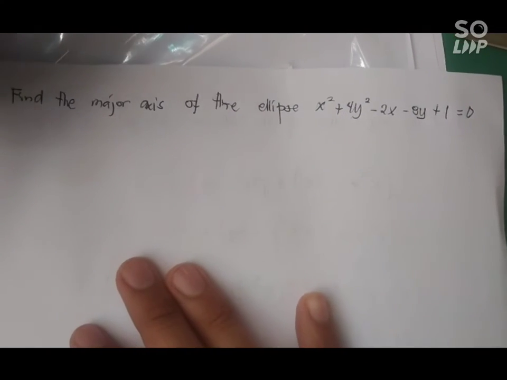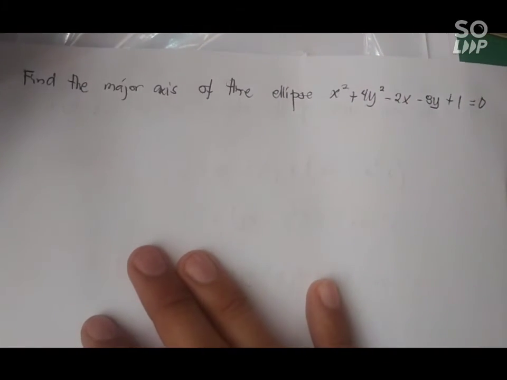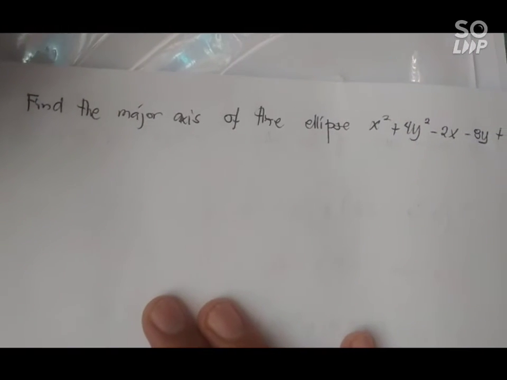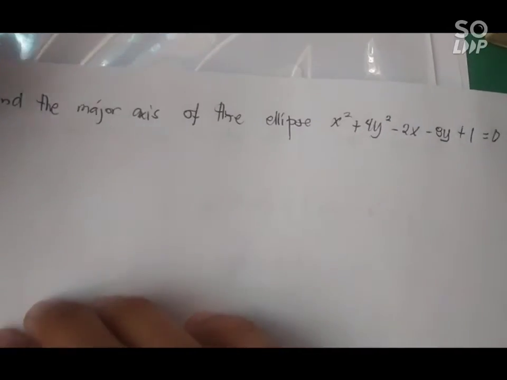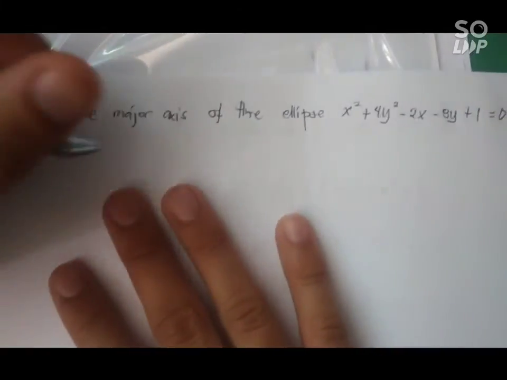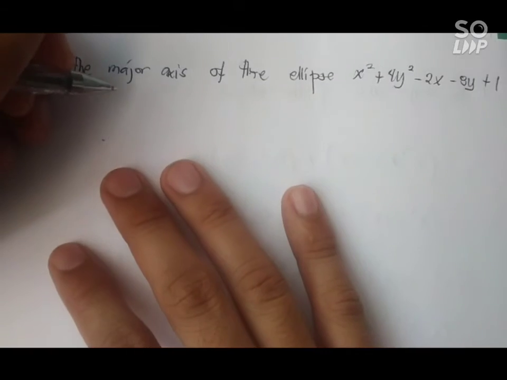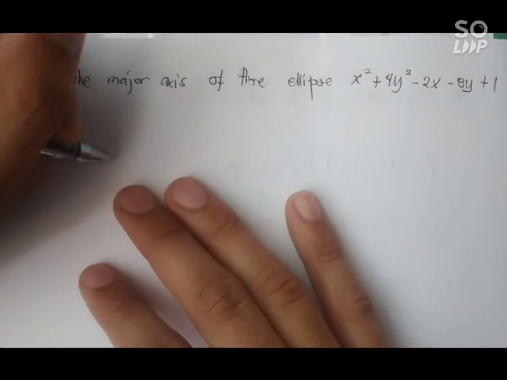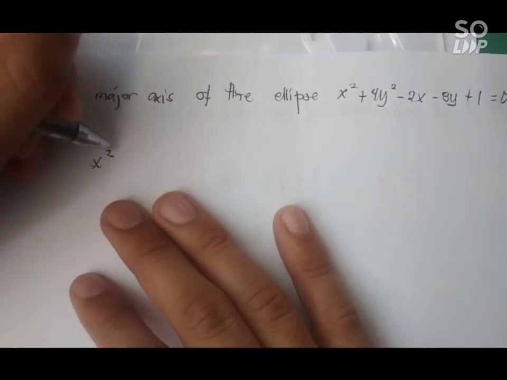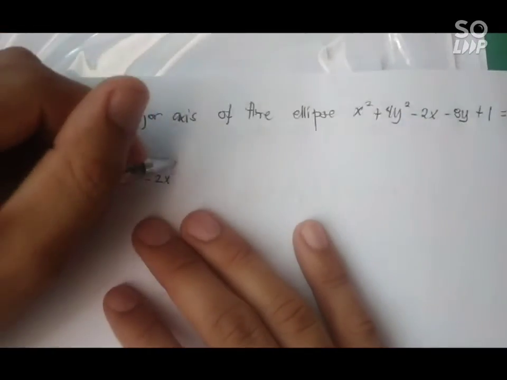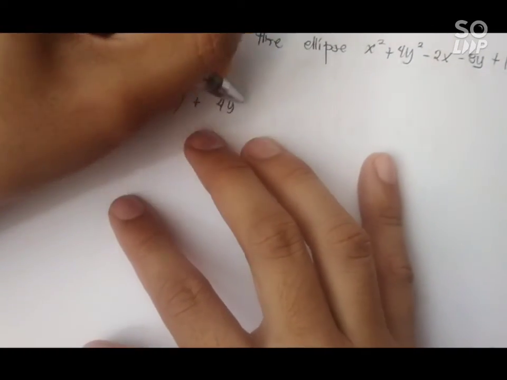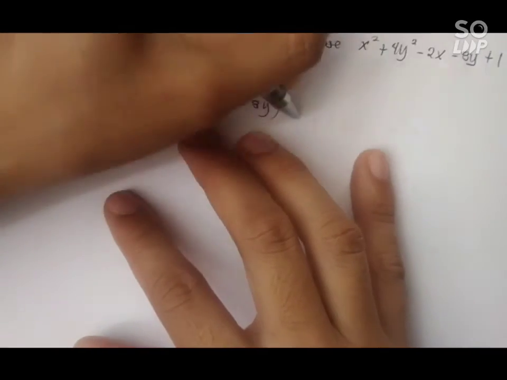So find the measure of the ellipse x squared plus 4y squared minus 2x minus 8y plus 1 equals 0. So general equation ang given nga problem, so which is completing the square ang pamaagi pag-solve, so ato iusa ang parehang variable, so x squared minus 2x, so plus 4y squared minus 8y equals ato i-transpose ang 1, so negative 1.